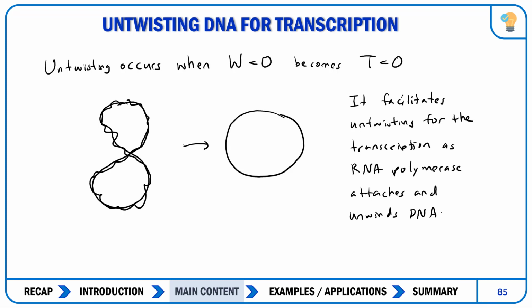And when we take a look at transcription, which brings us back to denaturation, we can think about it as RNA polymerase trying to untwist and reduce the amount of twist and writhing to denature and unfold DNA for transcription.